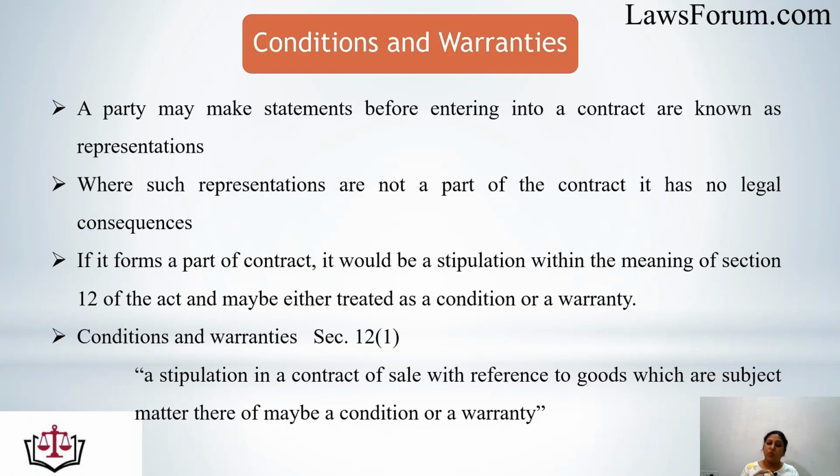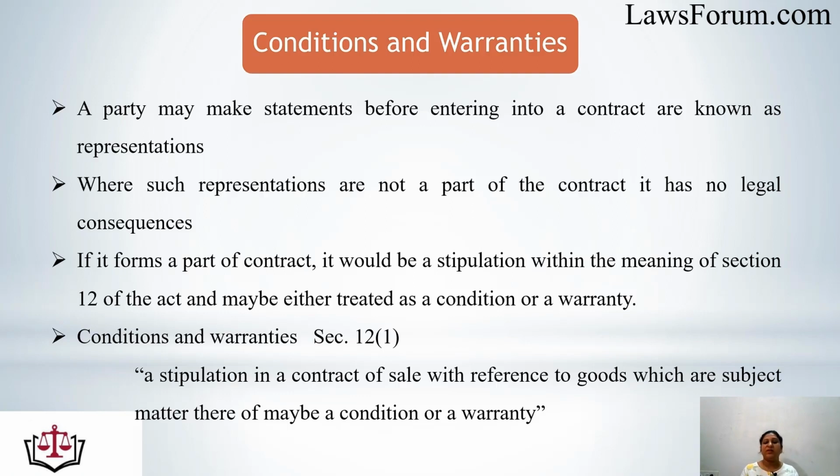But if those representations form part of the contract, that means it comes under the stipulation of Section 12 of the Sale of Goods Act 1930, then it may be treated as a condition or a warranty for a particular contract of sale.